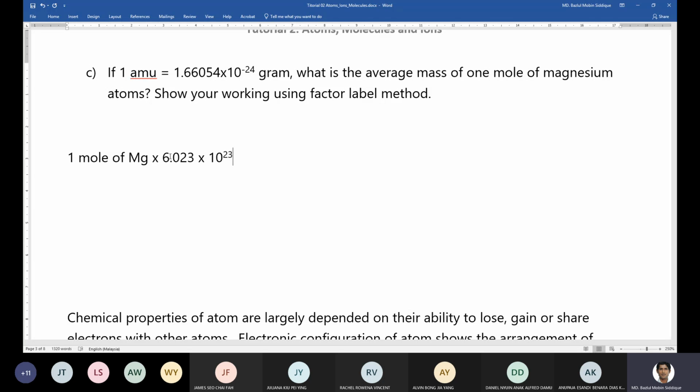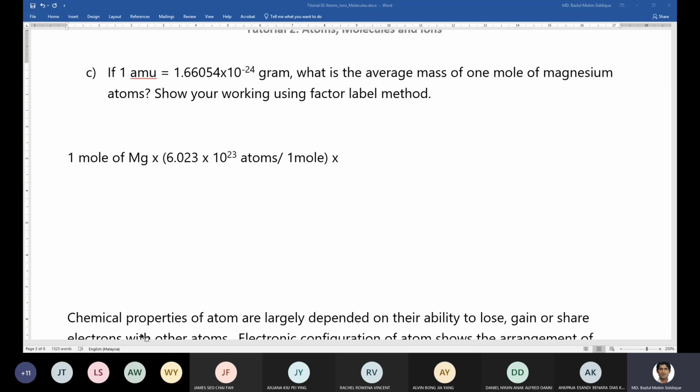Atoms divided by 1 mole. Now it says what is the average mass of 1 mole of magnesium atoms. So we have found 1 mole of magnesium, and the number of atoms from this factor label calculation.